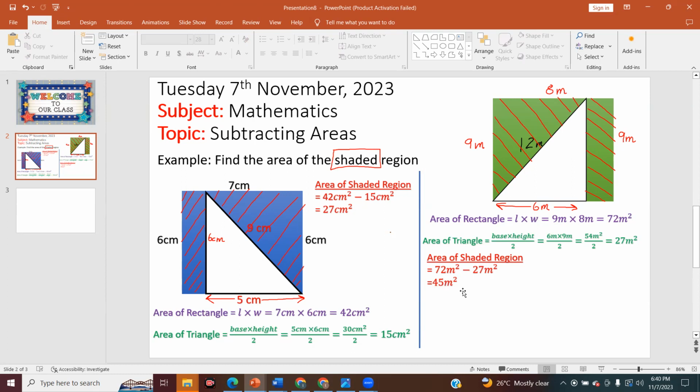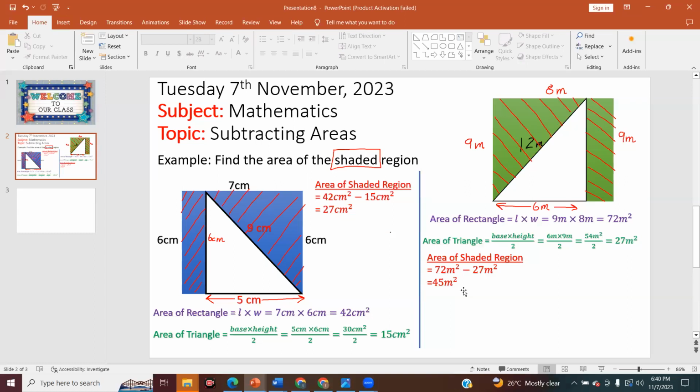Michael, can you explain how we got 45 meters squared? After you find the area of the rectangle and the area of the triangle, you have to subtract them, and that answer will be the area of the shaded region. Very good.